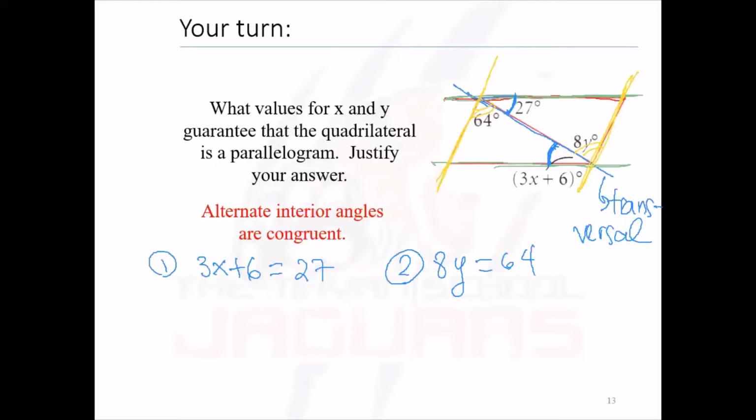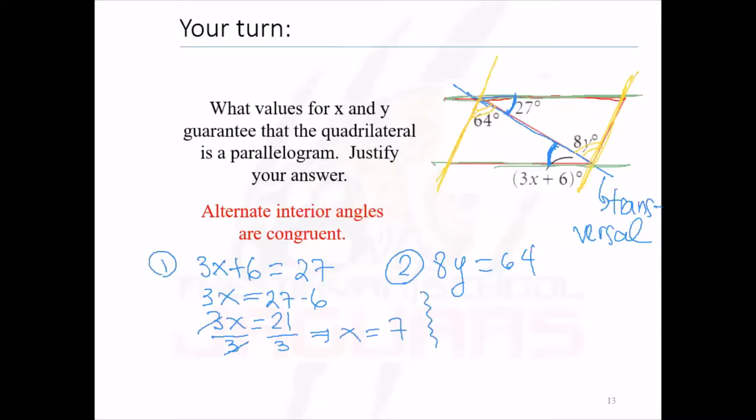Let me begin with the first one. 3x must be equal to 27 minus 6. 3x equals 27 minus 6, which will be 21. Then I need to divide both sides by 3. The 3 is gone, and the value of x will be equal to 7.